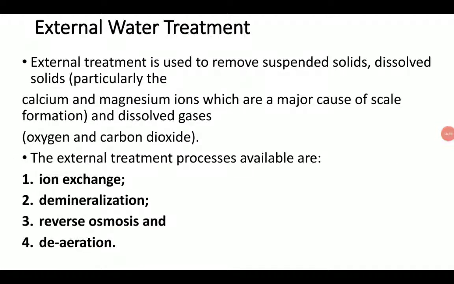Next we see about external water treatment. External water treatment is used to remove suspended solids, dissolved solids, particularly the calcium and magnesium ions, which are the major cause of scale formation, and dissolved gases, oxygen and carbon dioxide. What happens to this oxygen?